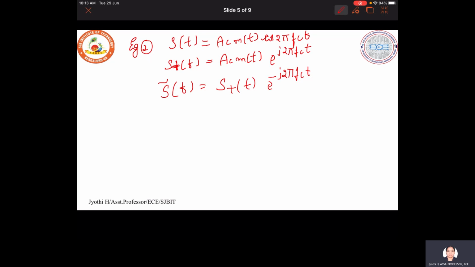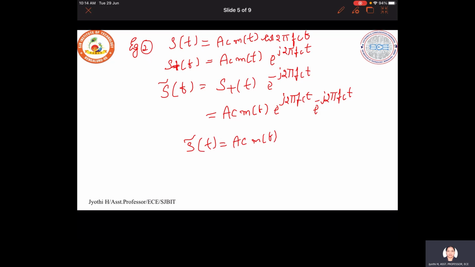So when you substitute s plus of t as Ac m of t e to the power of j 2 pi fct into e to the power of minus j 2 pi fct, s tilde of t is going to have the value Ac m of t. Where we considered the magnitude in case of the natural envelope, here we are considering only the amplitude of the signal. Okay, so this is about the second example.